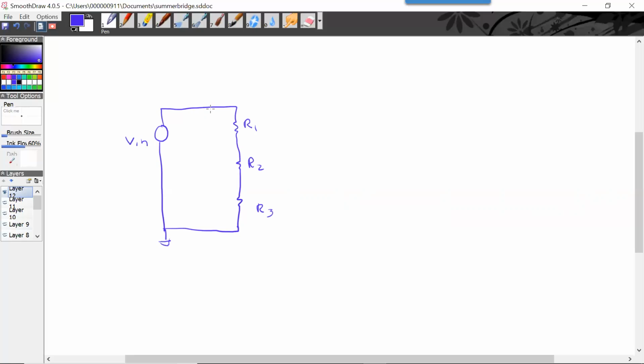Okay. And I'm going to give these node names. Now, recognizing that these elements are all in series greatly simplifies the analysis. So there's only one path through Vn, right? It's only one current path. So the current here, here, here, and here are all the same.